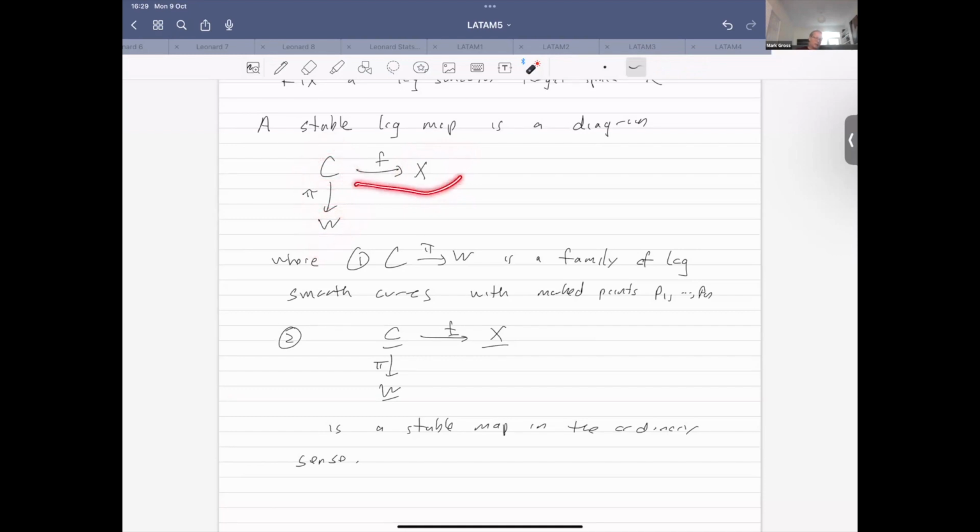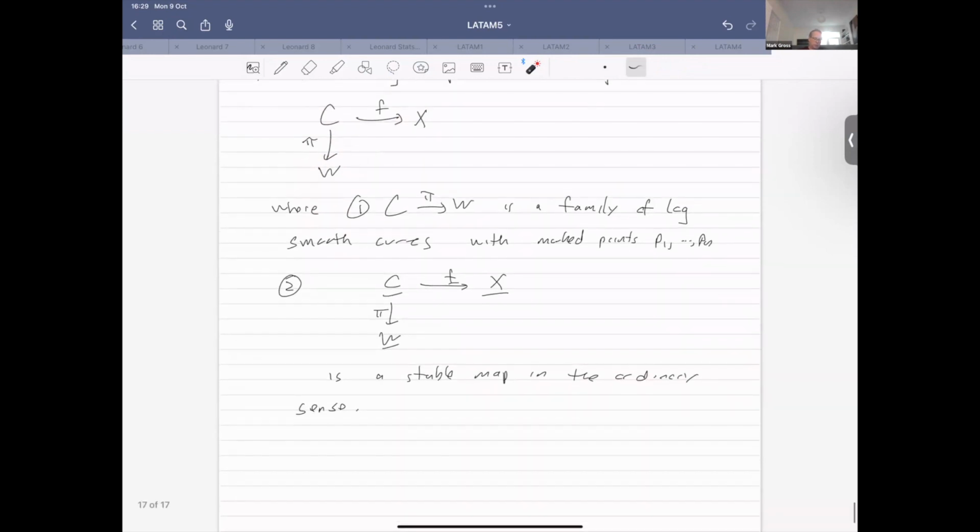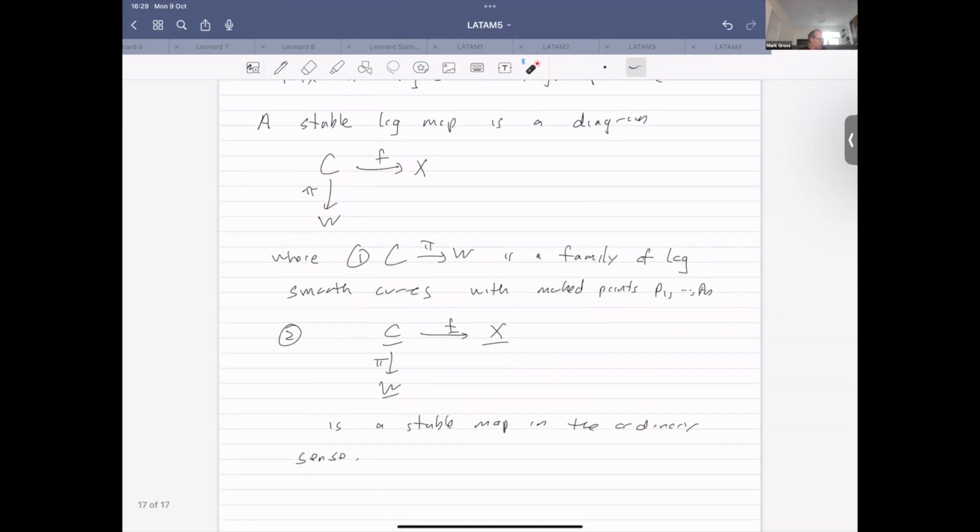That will mean that these log morphisms, as we saw, might carry additional information, like richer information. Now, one of the key points is that this will carry some information which we call contact orders.